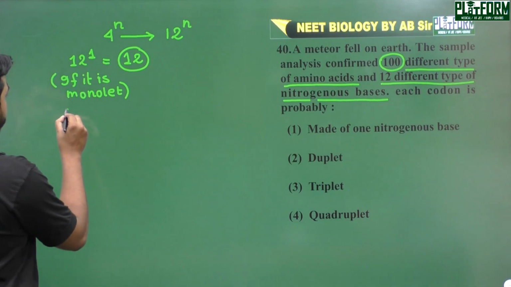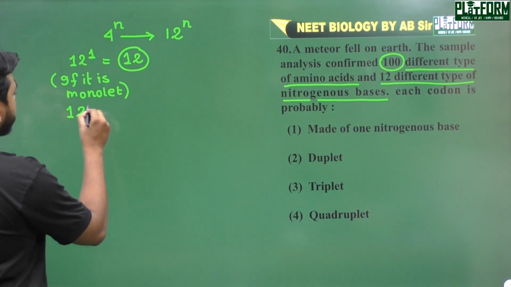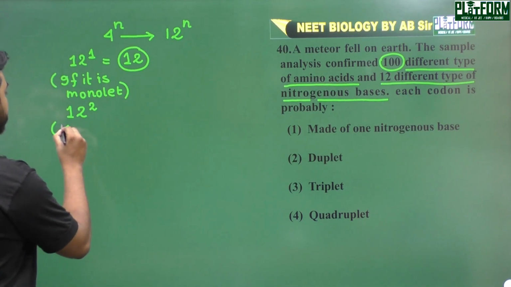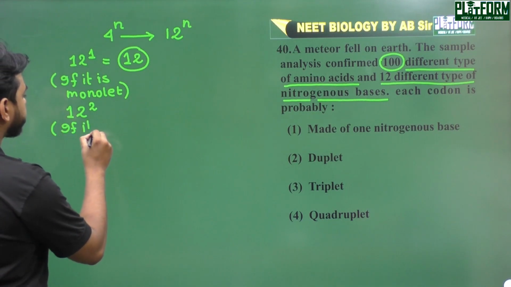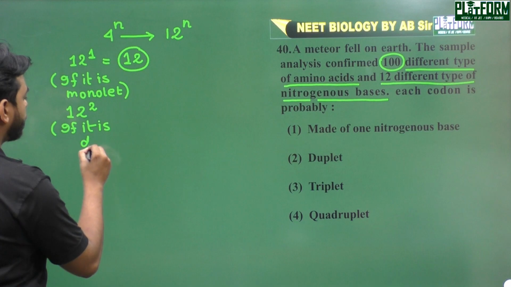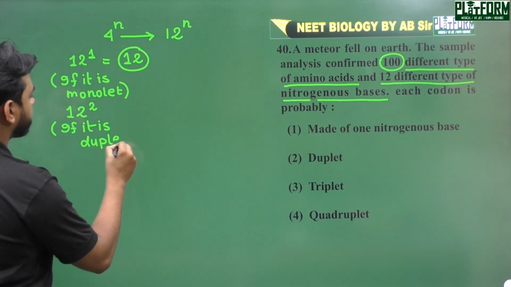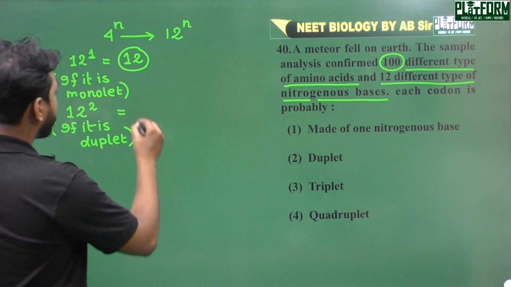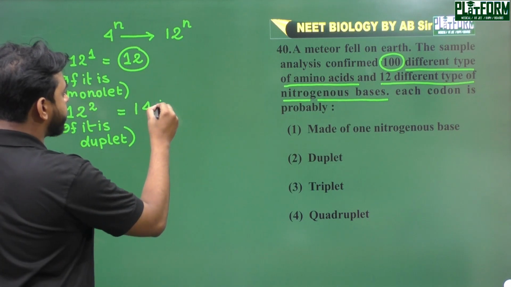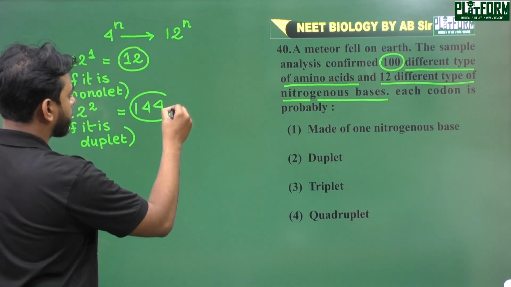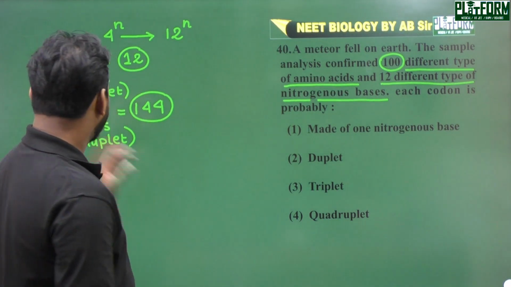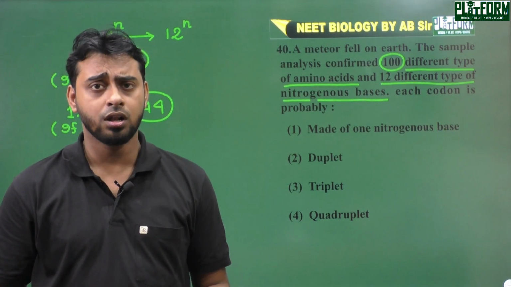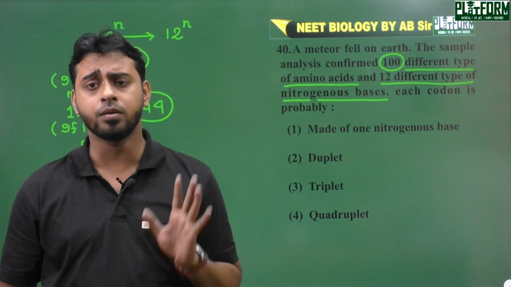If let us assume the genetic code is doublet or duplet, so it is 12 to the power 2. So, if it is duplet, then that's the 12 square. We know that the 12 square, that's 144. Fine. So, 144 different types of codons may be possible, and we know that one codon equals one amino acid.